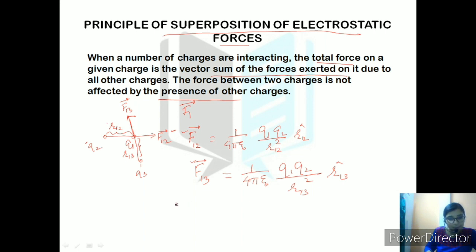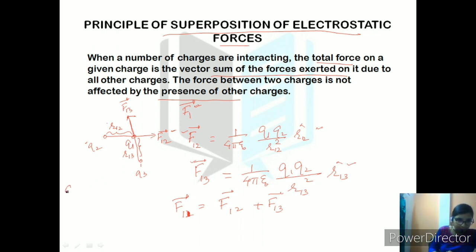By the principle of superposition, the total force will be the vector sum of the forces exerted on it. So F1, the total force on the charge Q1, is F12 plus F13, the sum of these two forces acting on the body. This is the principle of superposition.